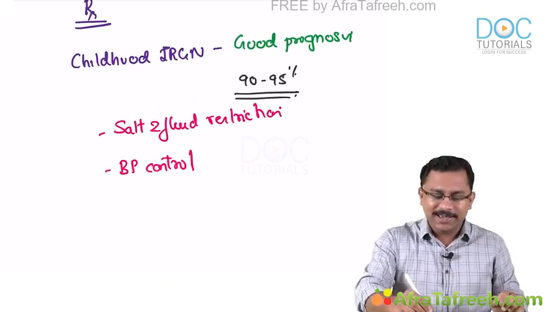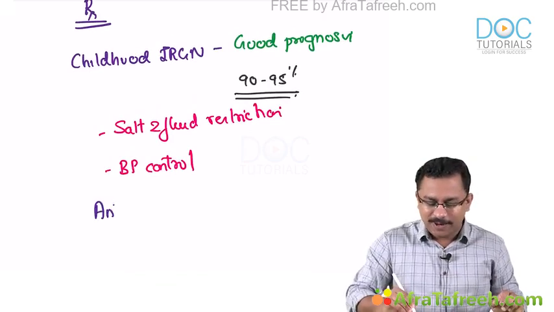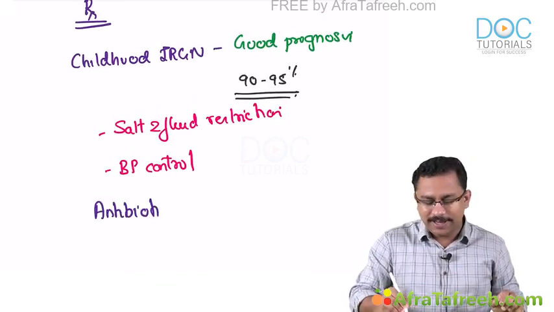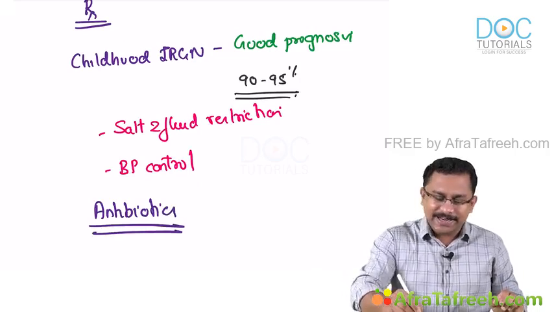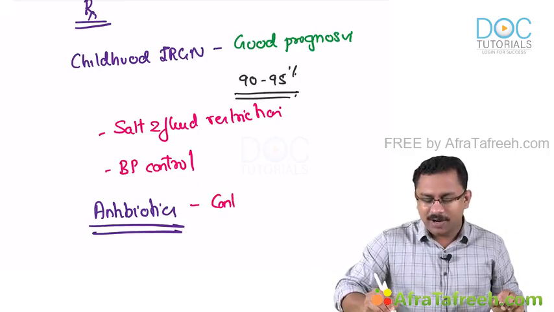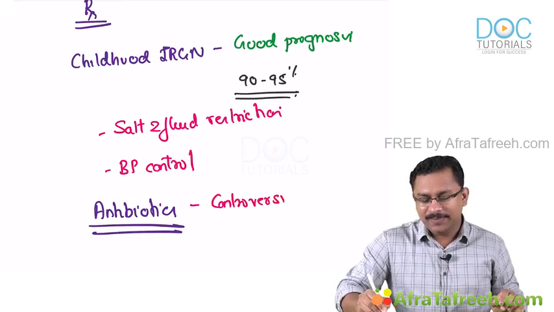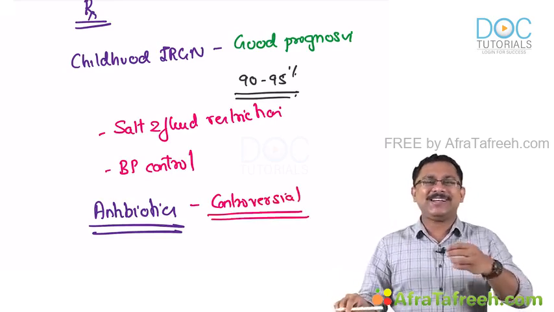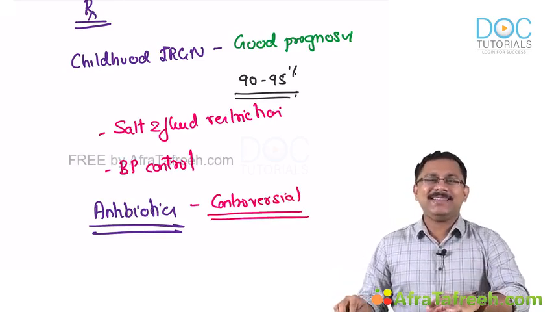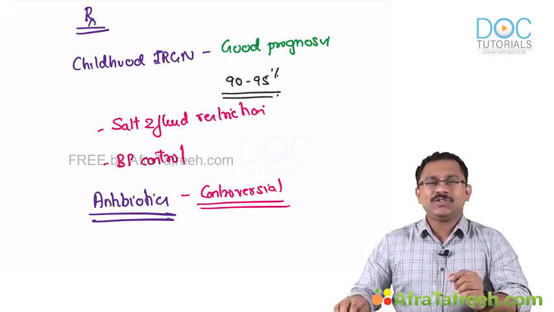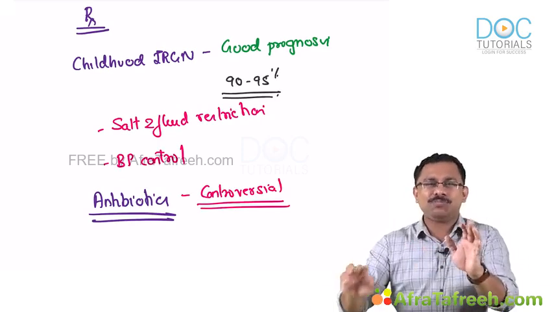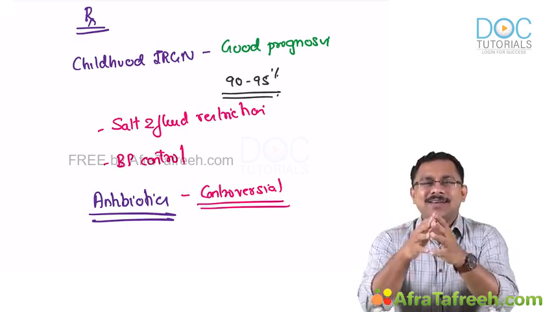Now, if you ask me, is there any role for antibiotics? Well, it is actually very controversial whether or not antibiotics are required. Harrison mentions that you can give antibiotics, but other nephrology textbooks differ.